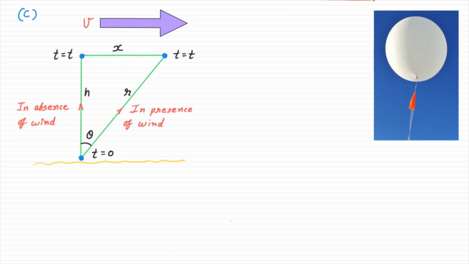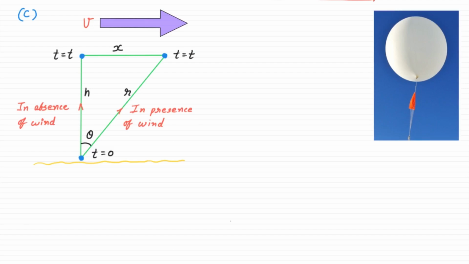Mind well, though it is moving in a crossward direction, still it will cover the same height h within the same time t, because the force factor which is working in the upward direction is still the same. Only one velocity is added, which is pulling this balloon in the right side direction. That's why the height covered h will be the same again in the same time.